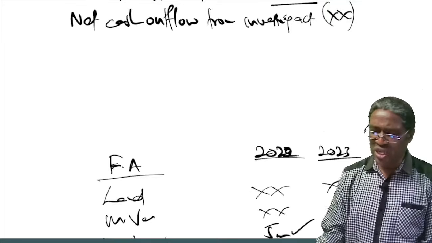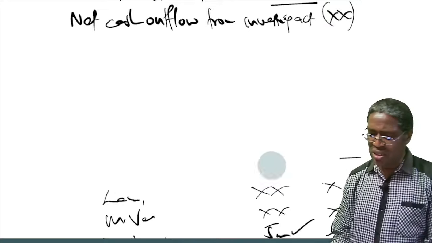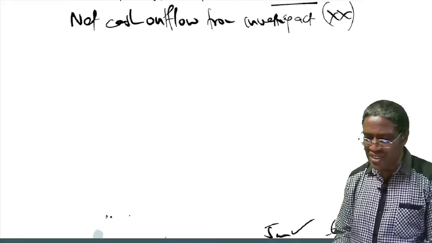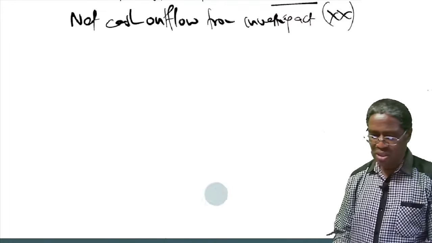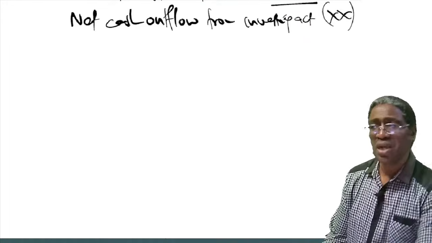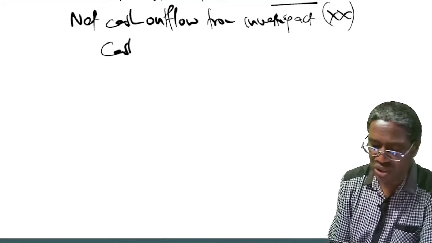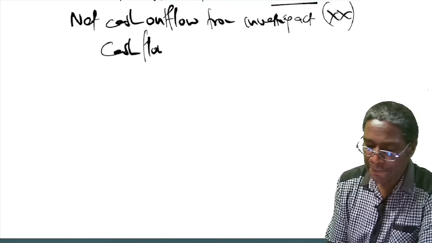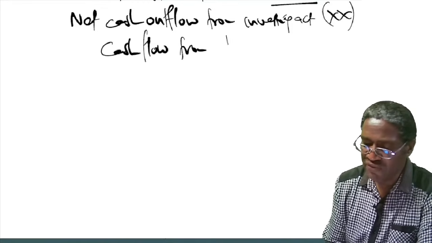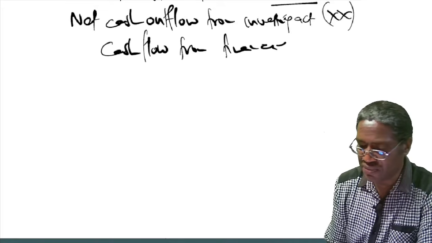Then we now go to the last category, and that is cash flow from financing activities.